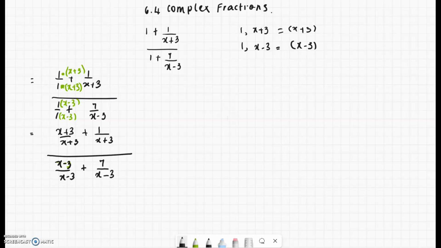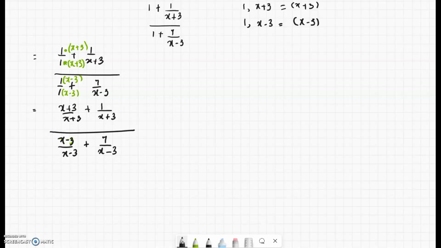Now we have a common denominator, and that is equal to x plus 3 plus 1 in the numerator over x plus 3, the whole divided by x minus 3 plus 7, the whole over x minus 3.